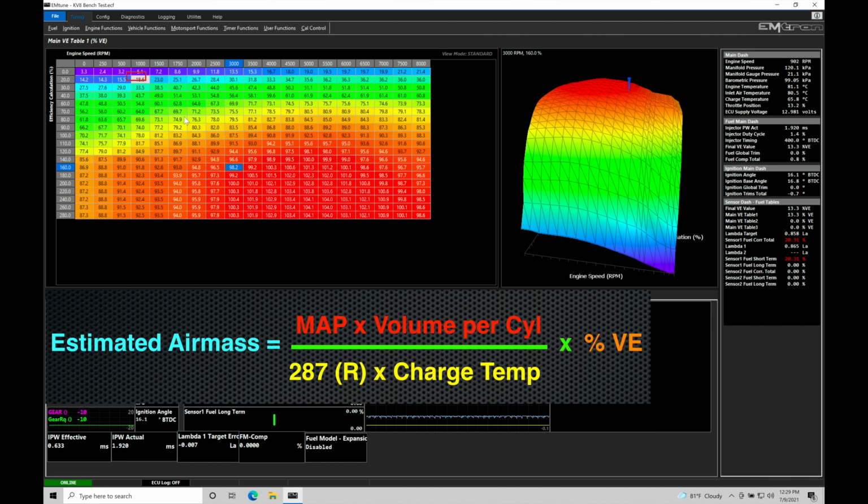All of that will have a multiplier against the engine percentage efficiency or the volumetric efficiency. That's the values that we find in the table here. We need all of that information to be able to estimate the amount of air mass. And all of that data or information has to be accurate, or else the air mass determination will be inaccurate.